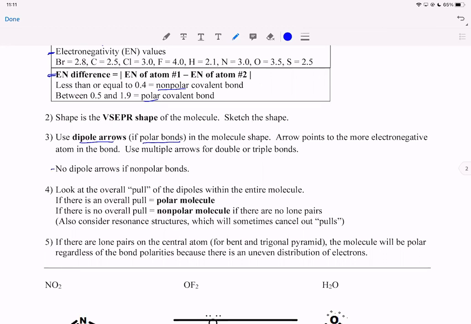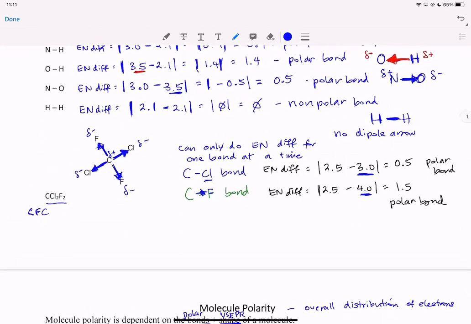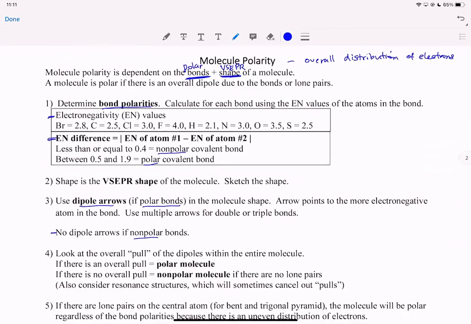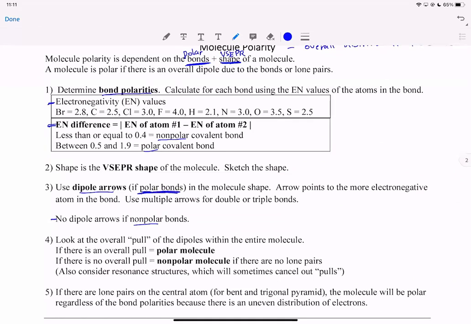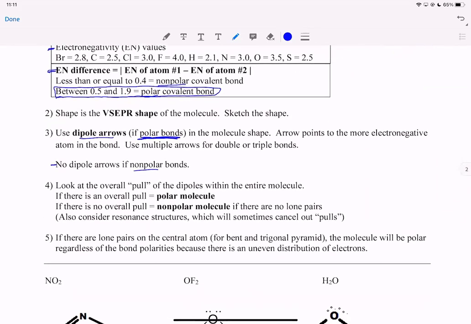And remember that you have no dipole arrow if it's a nonpolar bond, just like that example we looked at that was nonpolar. There was no dipole arrow with those 2 hydrogens. So you don't always add dipole arrows. You only add them if you have a polar bond, and a polar bond is in this range, 0.5 to 1.9.